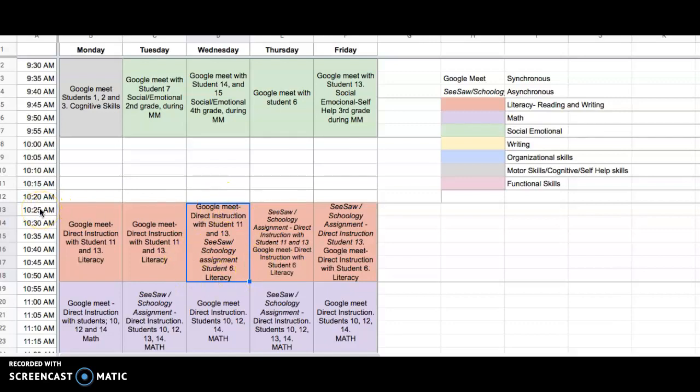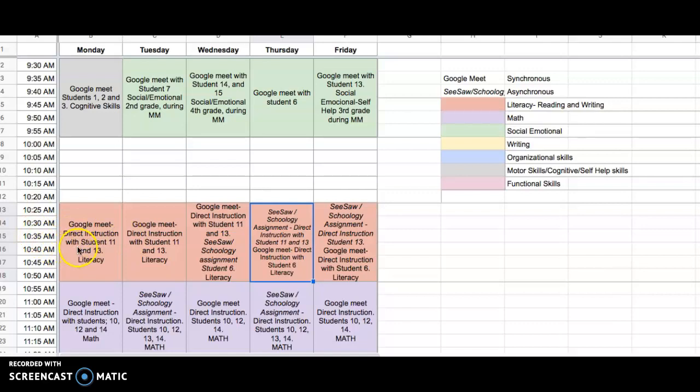For the purpose of my schedule as a teacher, I put them in here just to make sure that I counted those minutes, and that I provide all the services that the students are going to receive, or that the IEP says they need to receive. All the letters in italics are just for the purpose of me making sure that I'm counting all the minutes.